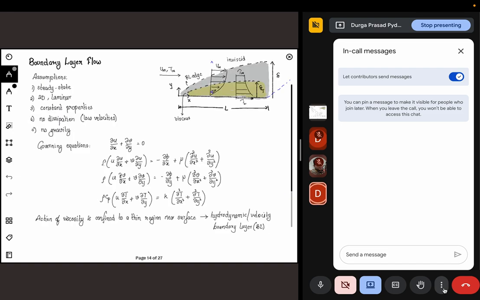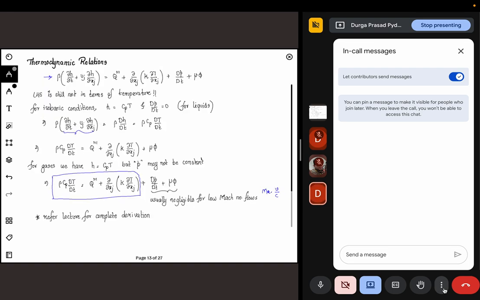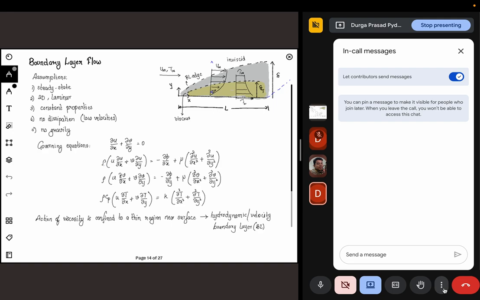Now coming to the boundary layer flow. Okay, I hope this is clear up until now. Now for the boundary layer flow, what we have is some surface, some object, and some fluid flowing on top of that particular surface.